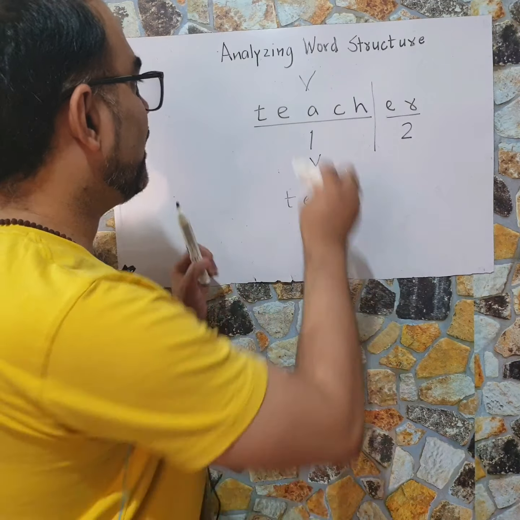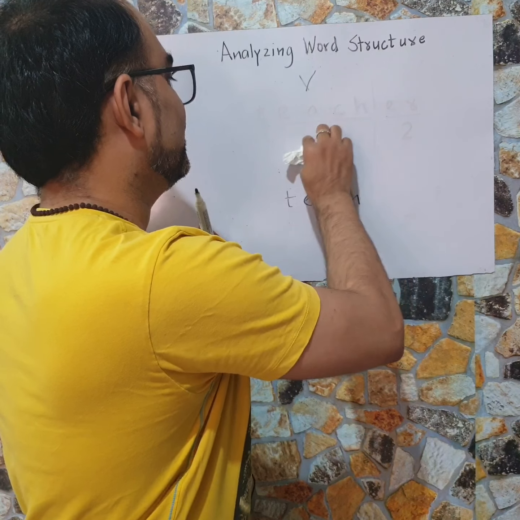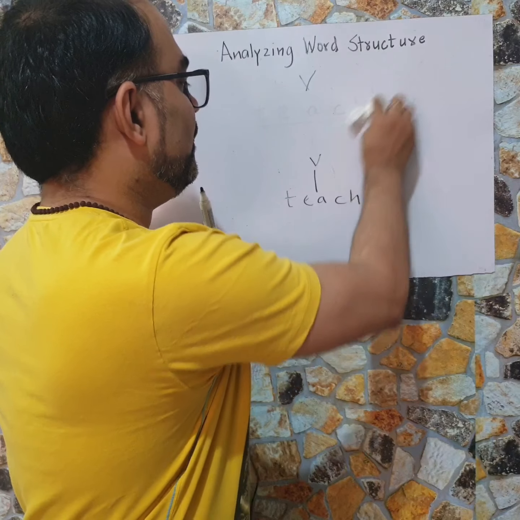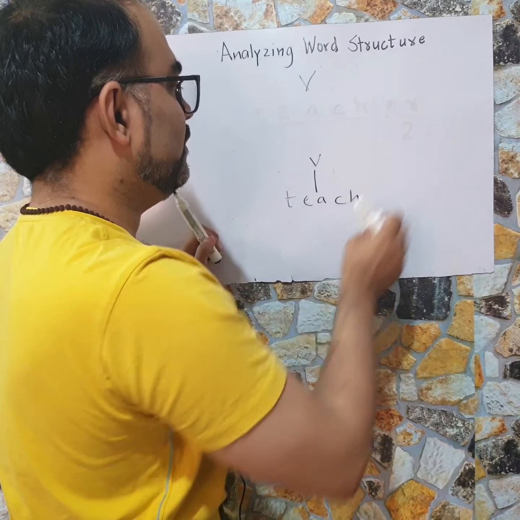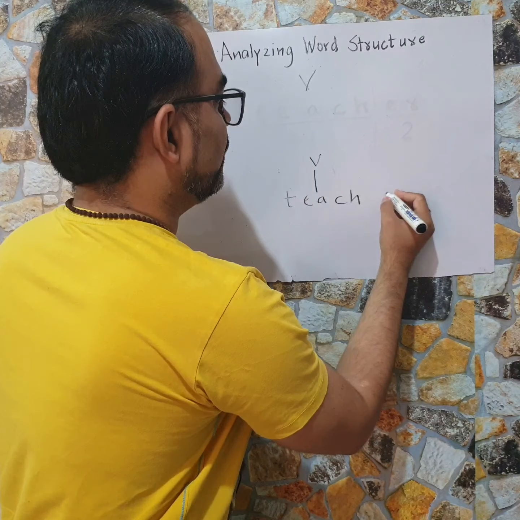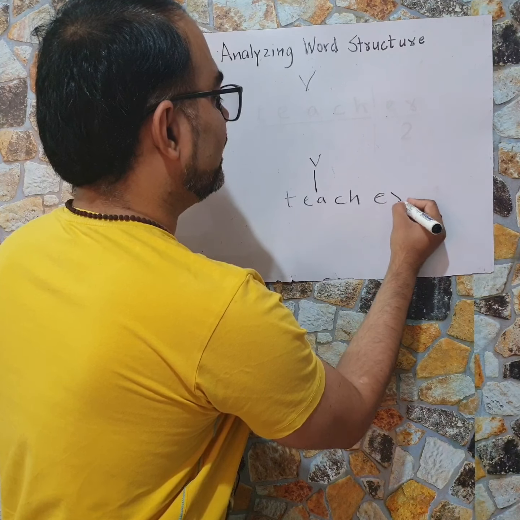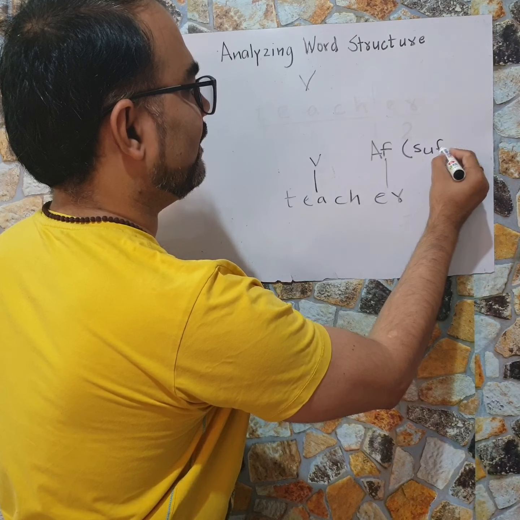Now we have one bound morpheme as well, and that bound morpheme is er. So what will happen when we attach this bound morpheme er to teach? So what is this er? Er is an affix, and here it is an example of a suffix.